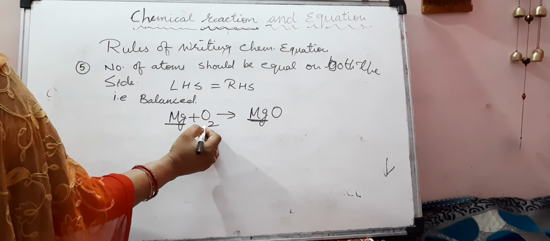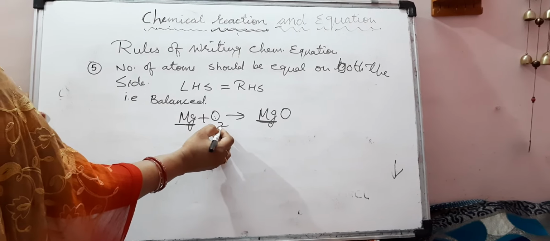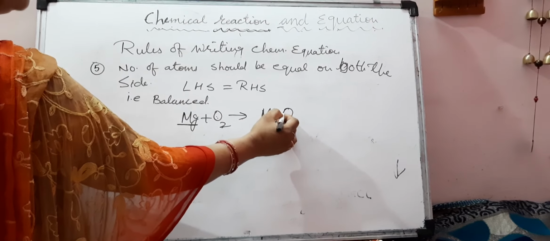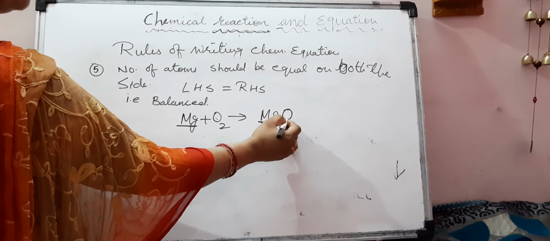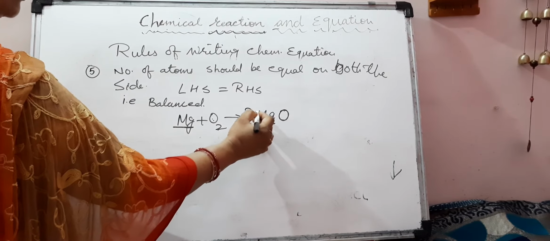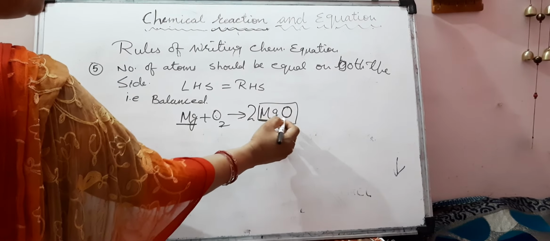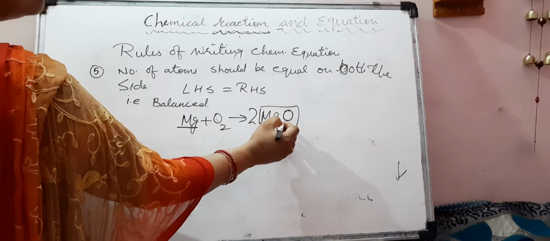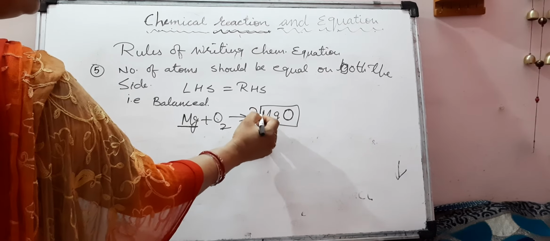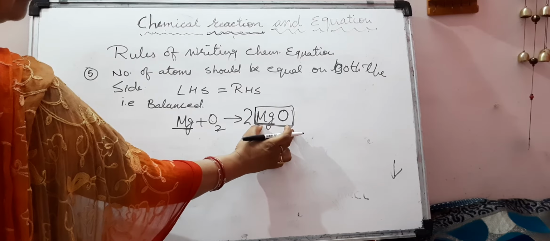In the reactant, the number of atoms of oxygen is 2, but on the product side it is 1 only. I am making it 2 by writing 2 in front of the formula. We cannot add that 2 in between the formula; we have to write that numeral in front of the formula.